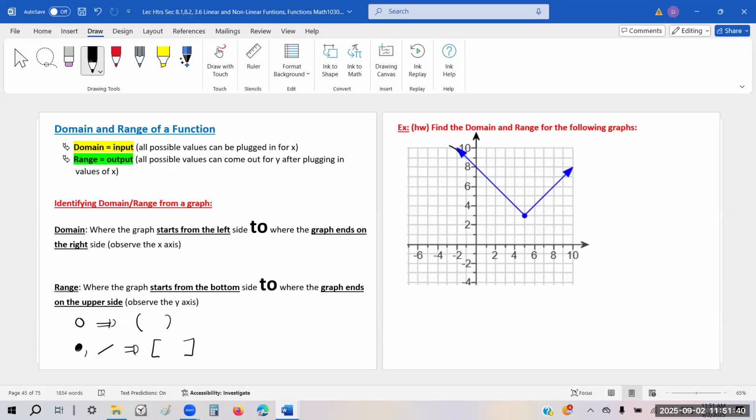So here, this keeps going on and on and on. On the left, it's going on and on.